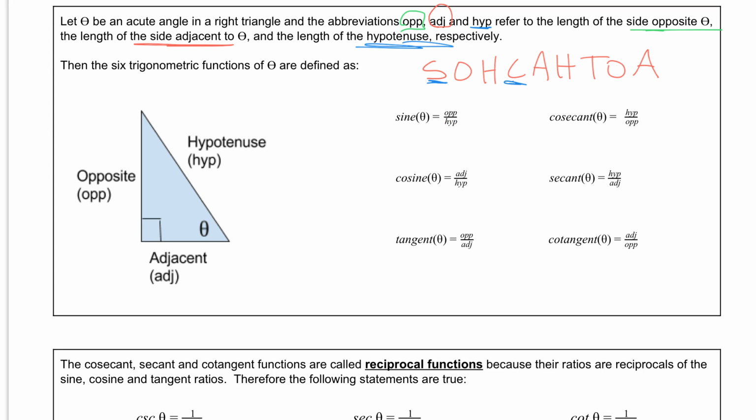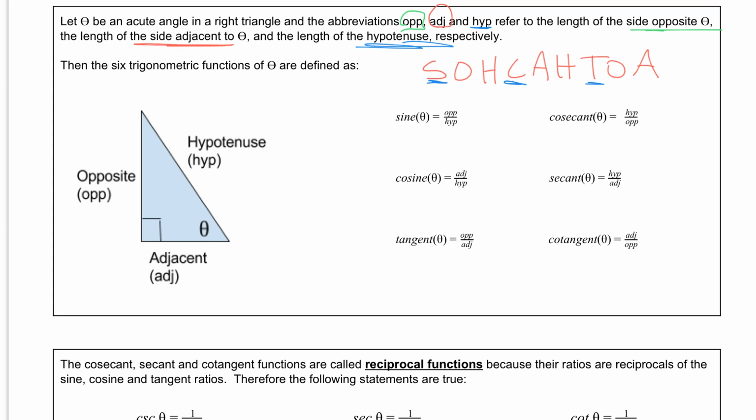Then we have the cosine. The cosine stands for the adjacent side over the hypotenuse. A for adjacent, H for hypotenuse. The T stands for tangent, and that tells us that our tangent is the opposite over the adjacent. O for opposite, A for adjacent. So one way that people use to remember these ratios is SOHCAHTOA.